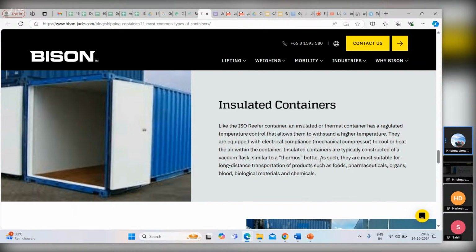As such, they are most suitable for long distance transportation of products such as foods, pharmaceuticals, organs, blood, biological materials, and chemicals. So, anything which has to be thermally contained or keep its heat, controlling the temperature without any AC, is equipped with a compressor or electrical fan to cool or heat the air within the container.